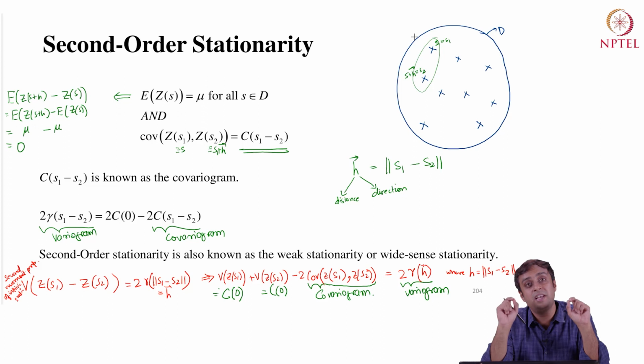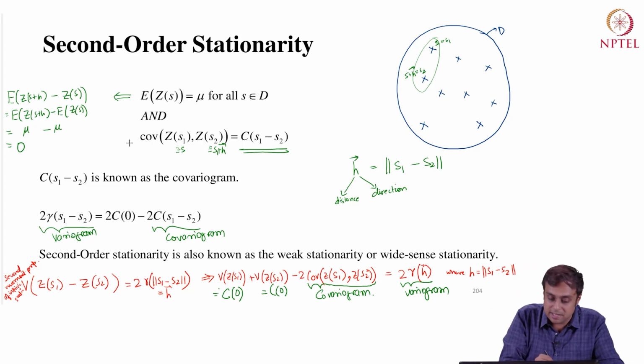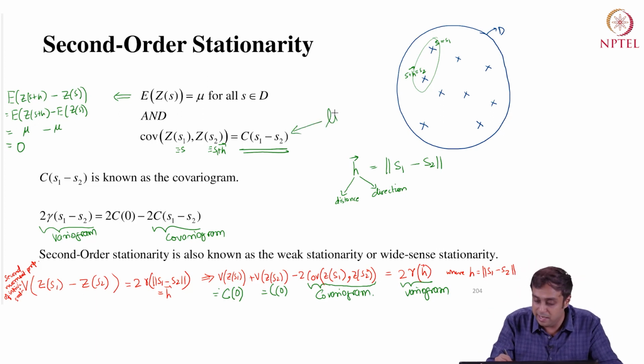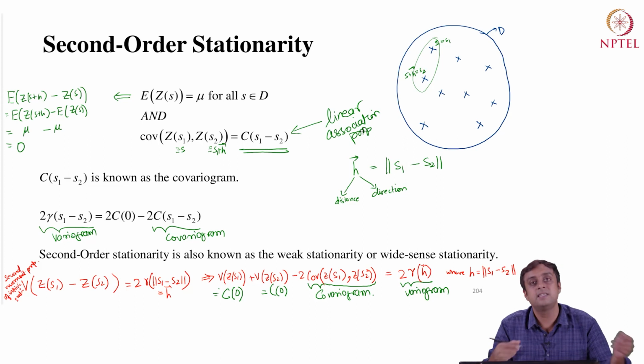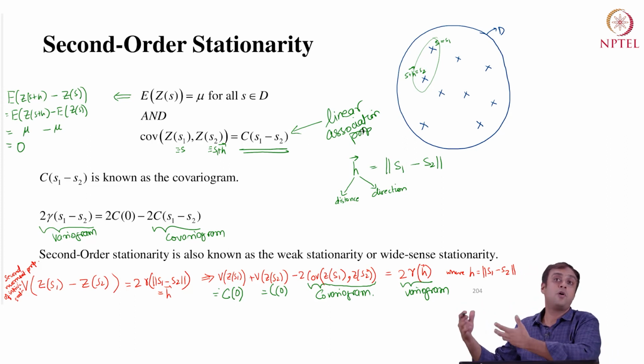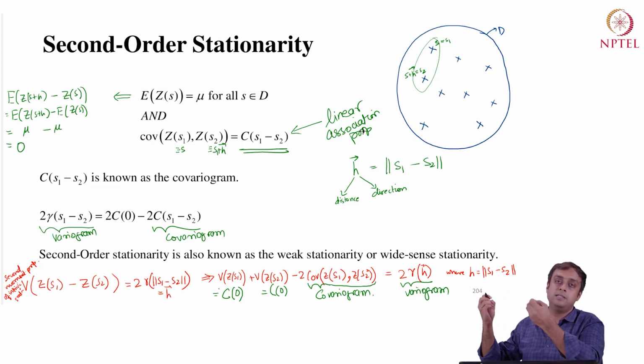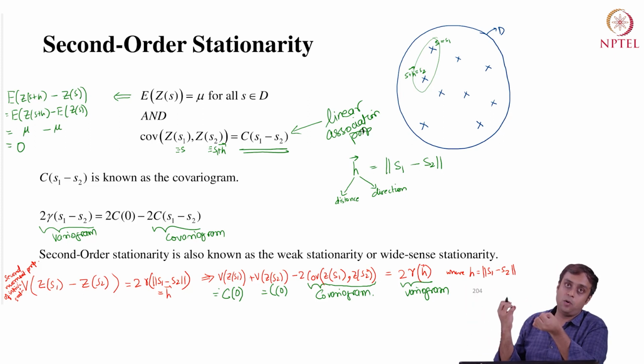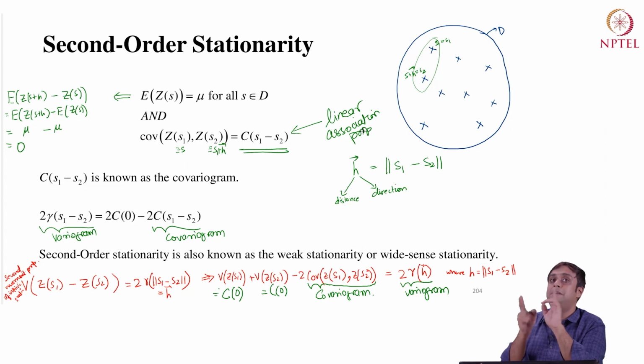But they are specifically different because covariance is a linear association property. Covariances only provide a measure of linear relationship between the value Z at location 1 and location 2. Variance, on the other hand, is highly nonlinear.